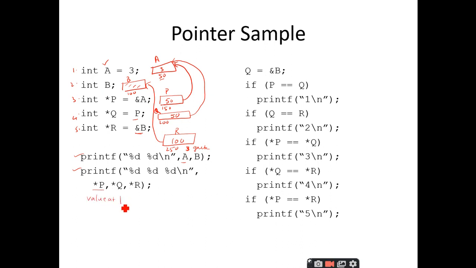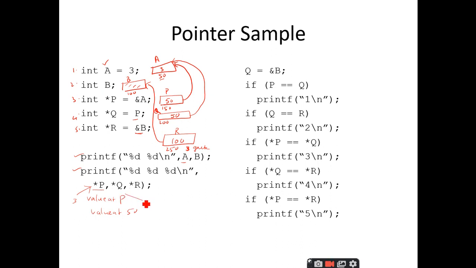What is the value of p? It is nothing but value at 50, since p is equal to 50. Now tell me what is the value at 50? 3, sir. So *p results in printing 3.